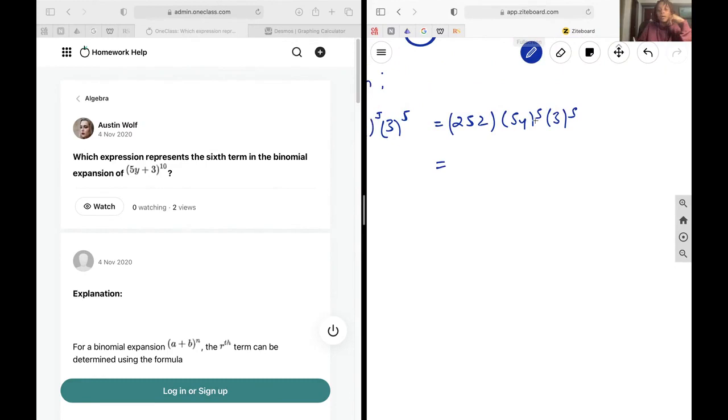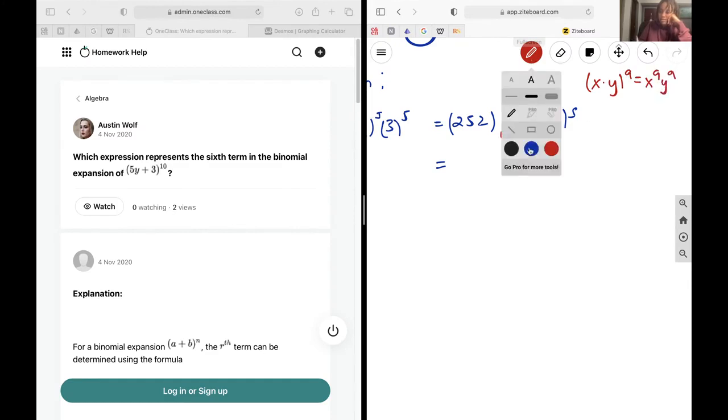So we're going to apply some exponent rules, and that just states that x by y to the power of a is the same thing as x to the power of a by y to the power of a. And we're going to use that here. So you get 252 by 5 to the power of 5, y to the power of 5, 3 to the power of 5.